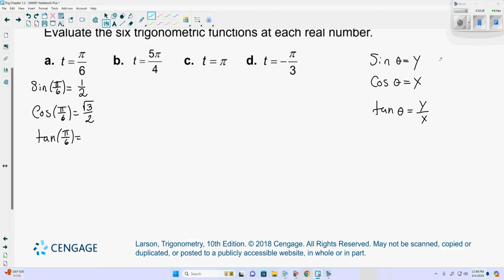CSC is 1 over y. SEC of an angle is 1 over x. And COT is x over y.